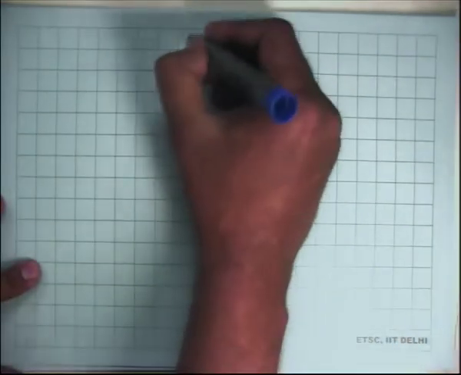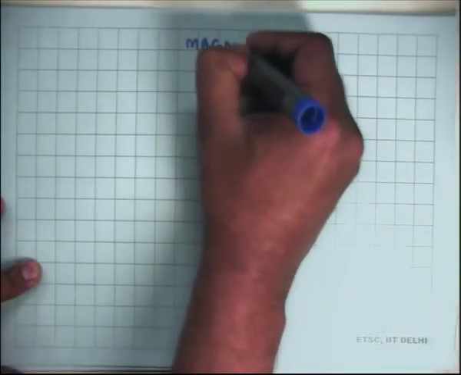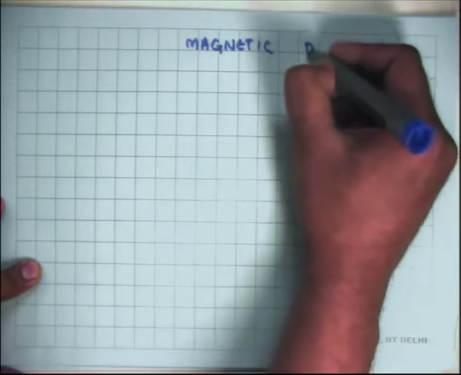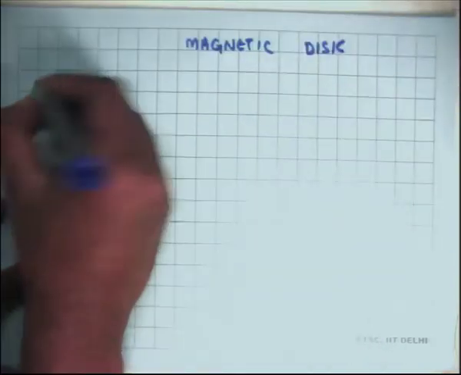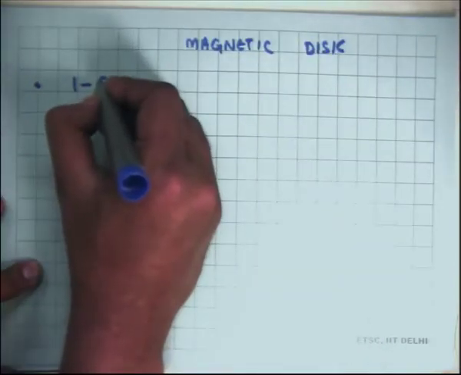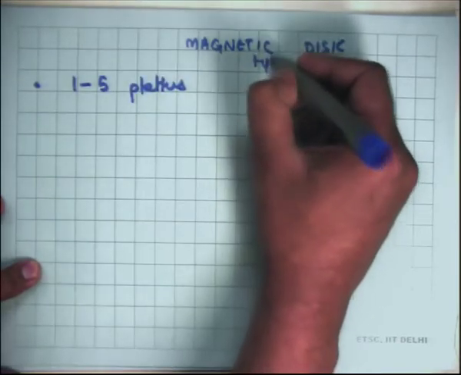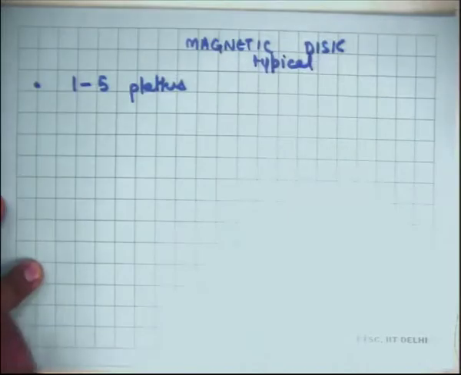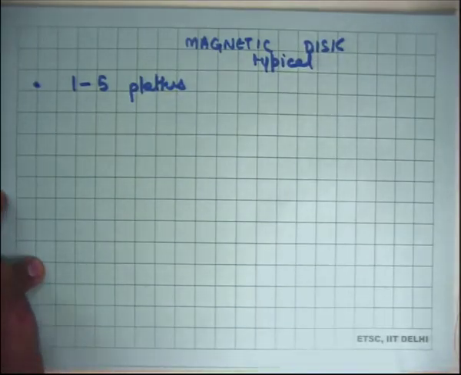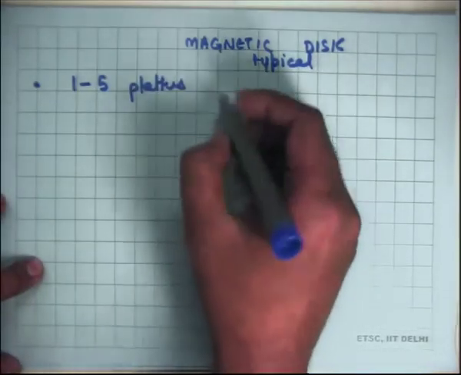So let's look at the characteristics of these devices in more detail before we talk about file systems. So, magnetic disk. Typically 1 to 5 platters, roughly 1 to 8 inches in height.